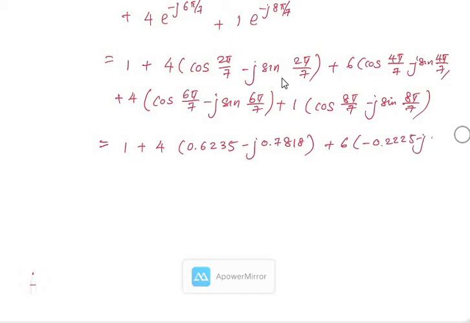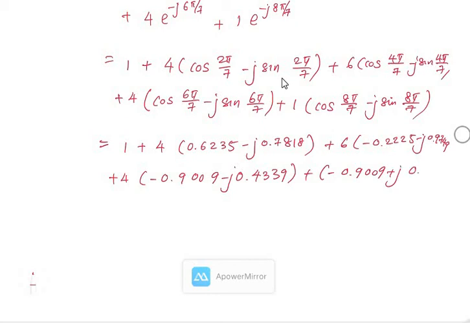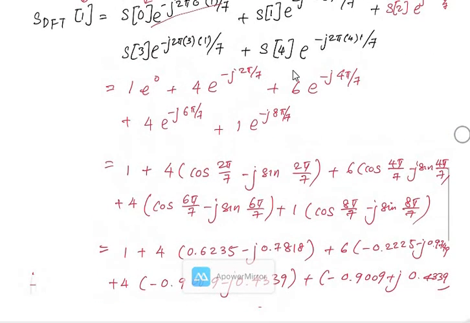So when I simplify all this, I will get negative 2.3455 minus j 10.2783. So this is just for the XDFT 1.